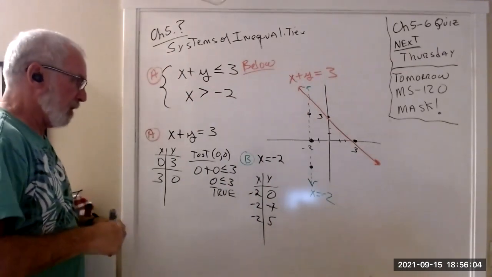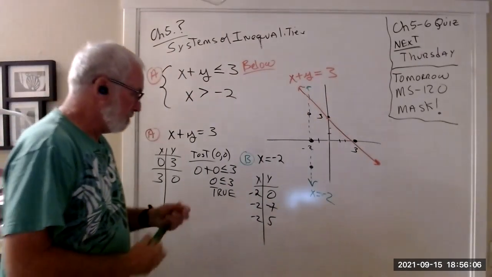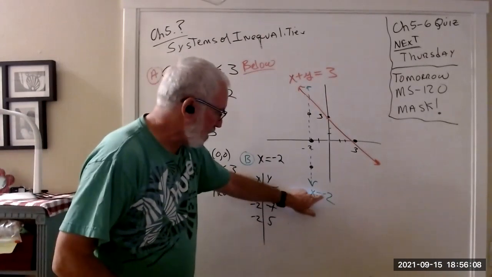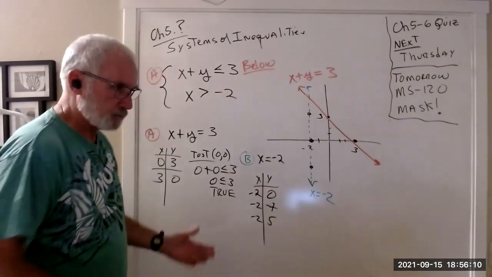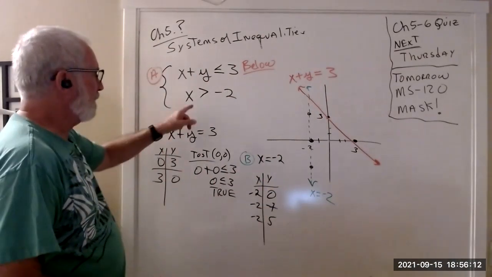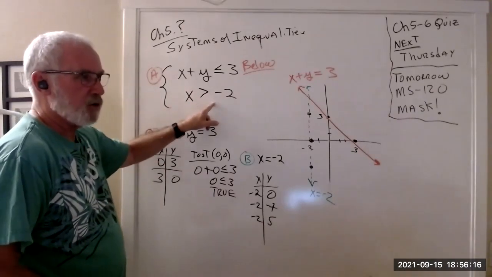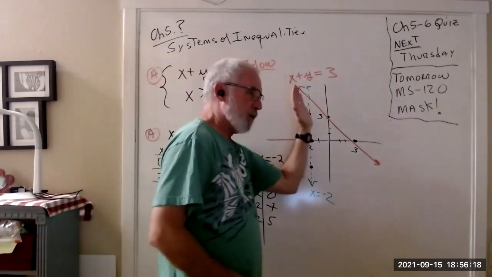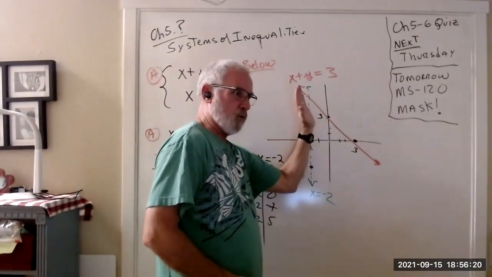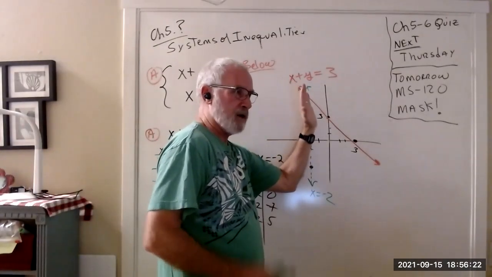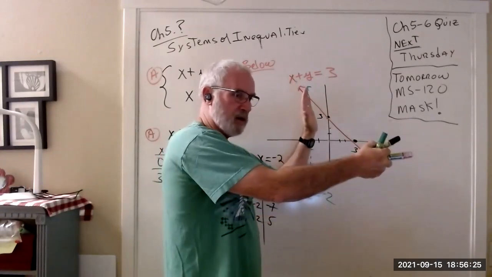But now I have to figure out where do I shade? Well, actually, you could use a test point, and it's not wrong, but think about this. x is bigger than -2. This is where x equals -2. Which way is bigger than -2? That way.